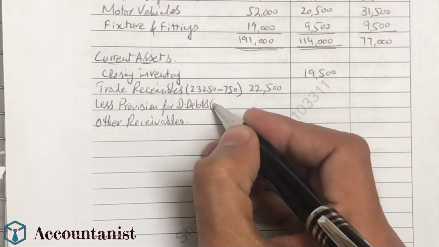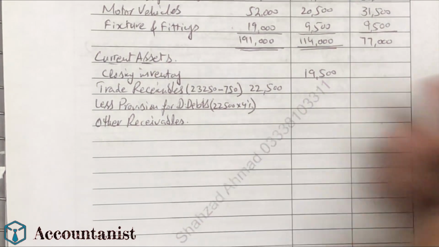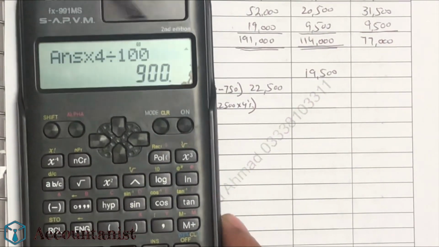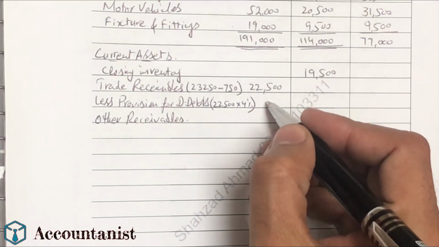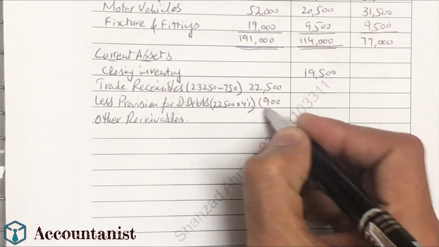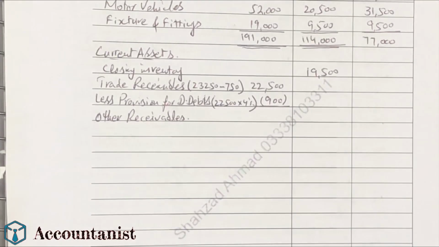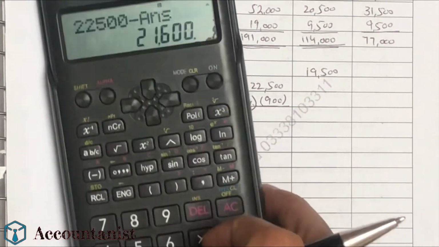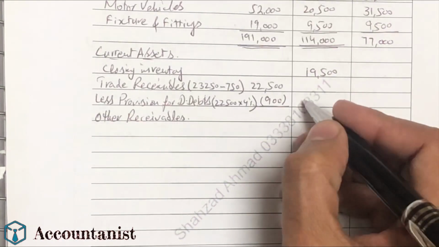So 22,500 into 4 divided by 100 gives me 900. So 900 will be the provision figure that needs to be deducted. Once we deduct this from 22,500, it gives me 21,600.